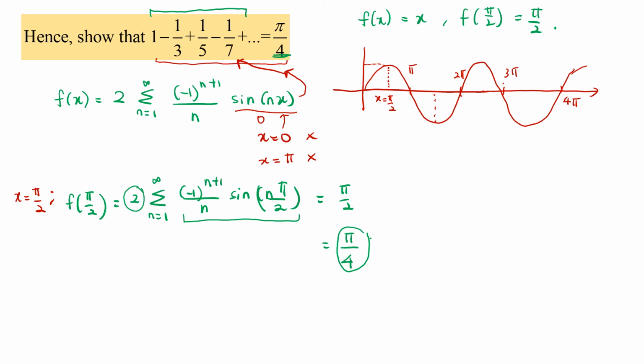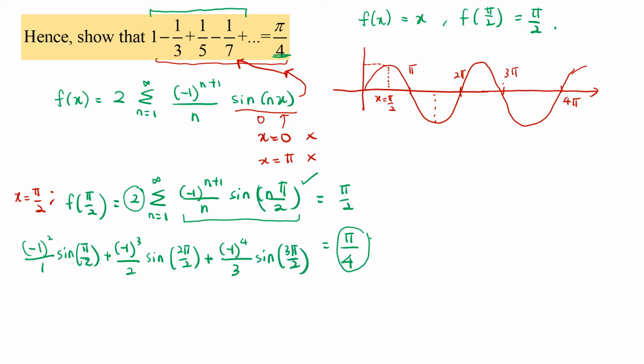Okay, now we expand this series. When n equals 1, you will get negative 1 to the power of 2 over 1, sine pi over 2, plus negative 1 to the power of 3 over 2, sine 2 pi over 2, plus sine 3 pi over 2. Okay, I need to expand this, so we will bring this to the side later.